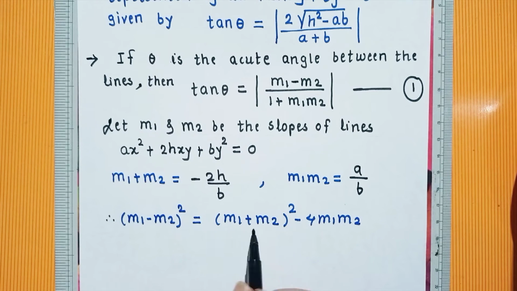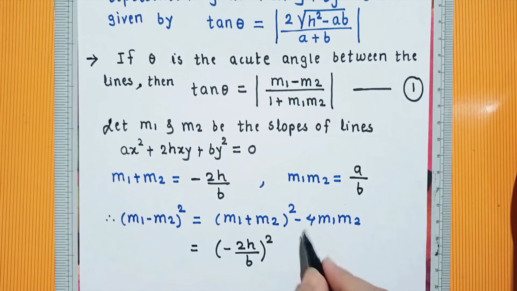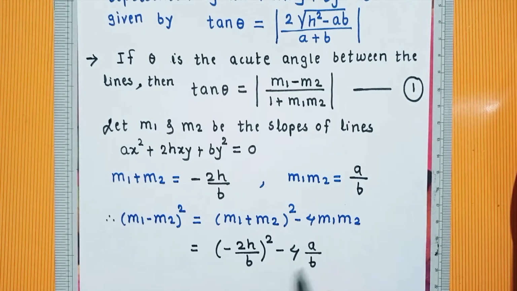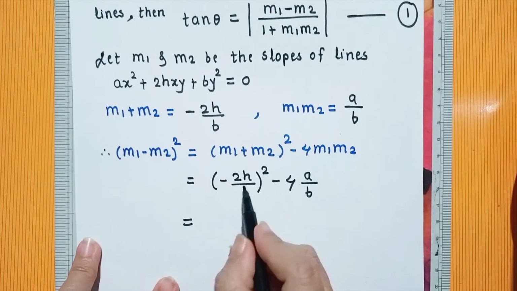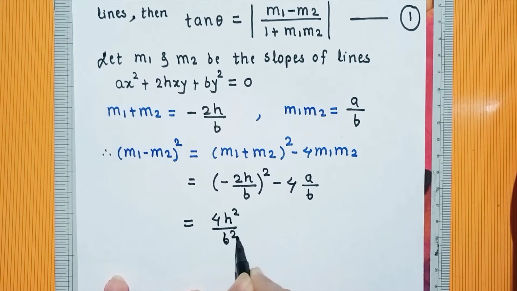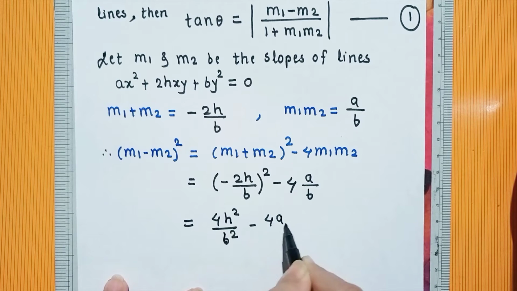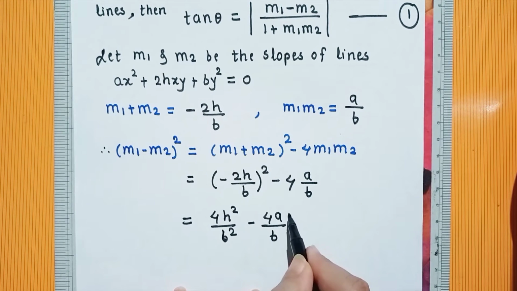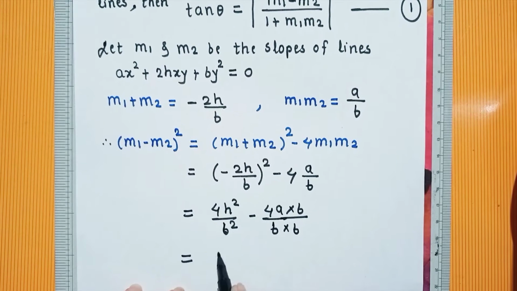Now substitute this sum here, minus 4, and the product is a upon b, that is equal to, again, square of this is 4h square upon b square, and this is 4a upon b. Make the denominator the same here, so we multiply upside and downside by b, and so we have now 4h square minus 4ab upon b square.